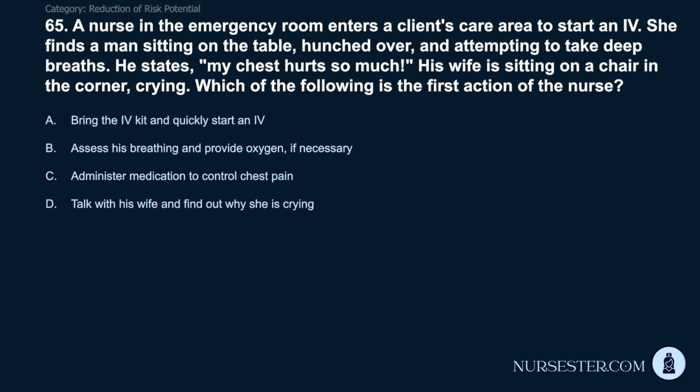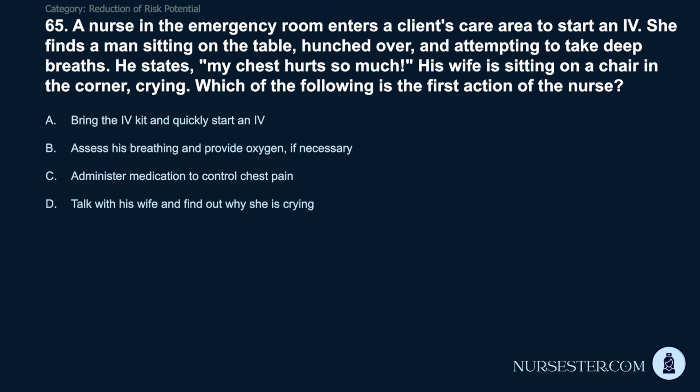65. A nurse in the emergency room enters a client's care area to start an IV. She finds a man sitting on the table, hunched over, and attempting to take deep breaths. He states, "My chest hurts so much." His wife is sitting on a chair in the corner, crying. Which of the following is the first action of the nurse?